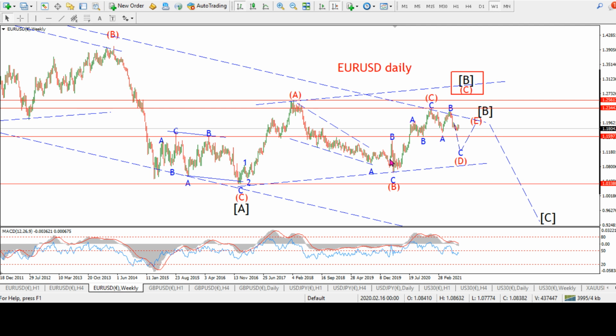Okay. I'm going to start with the dollar FX markets, and here you can see we've got euro dollar weekly. I have long been an advocate, let's say, for this triangle B wave.